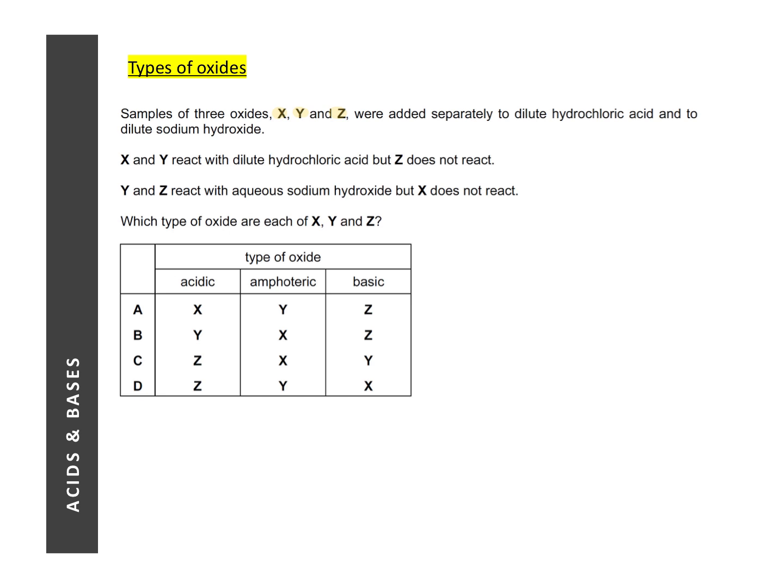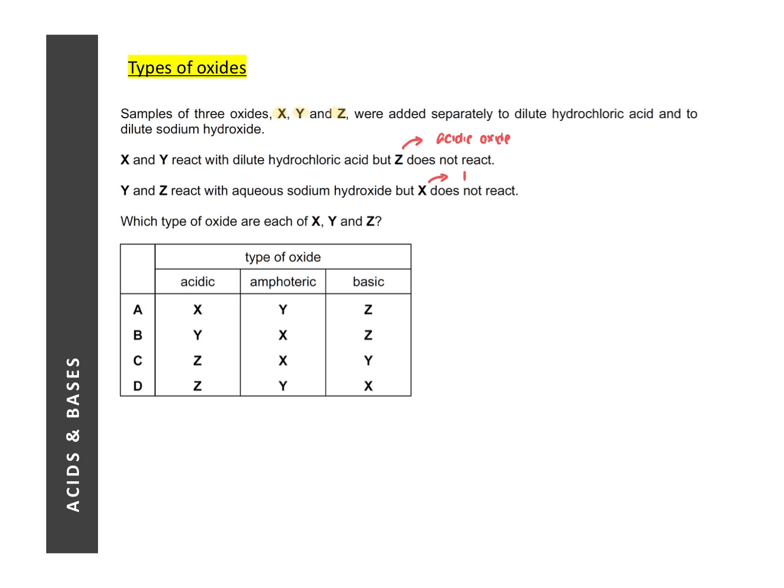So immediately, the deduction that we can make is that Z must be an acidic oxide, because it doesn't react with an acid. As for X and Y, we can only deduce that they are either basic or amphoteric oxides since they can react with dilute hydrochloric acid. In the next line, we learn that Y and Z react with sodium hydroxide, but X does not.